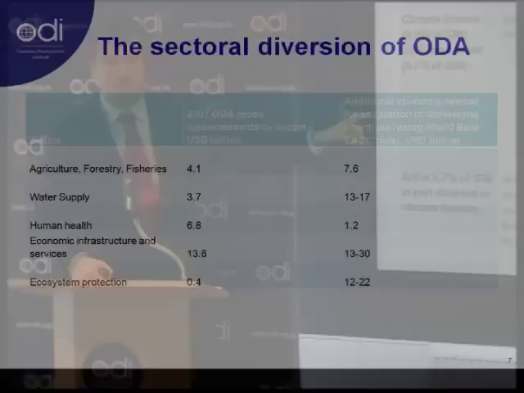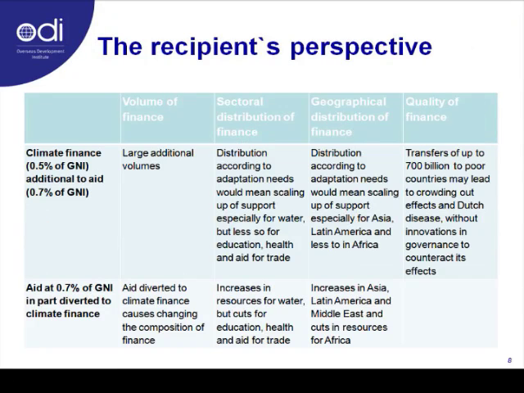But if there is a diversion of ODA funds, so not additional but diversion, the consequence will be not a scaling up, but a cut of funding for certain sectors and certain regions, in particular Africa, that, as we see, is very vulnerable in terms of development and climate change impacts.